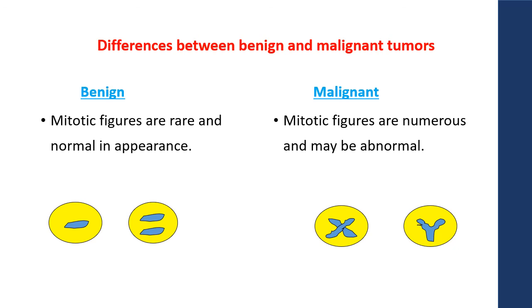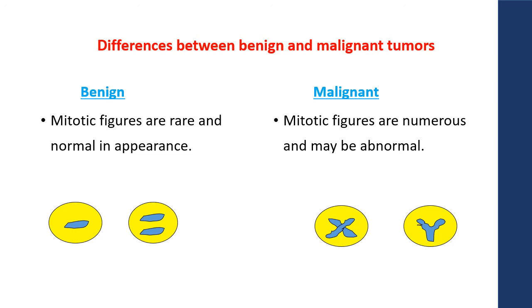The difference between benign and malignant tumors is also in the mitotic figures. Mitotic figures are rare in benign tumor because it grows slowly, and the division is very slow. So very rare mitotic figures may be seen, while in malignant tumors, as they grow rapidly, there are multiple mitotic figures, and they are numerous and abnormal.